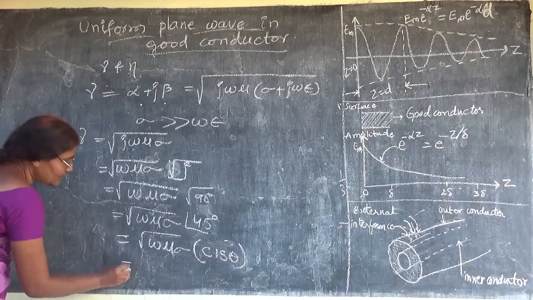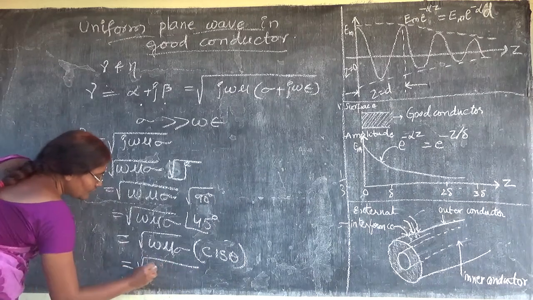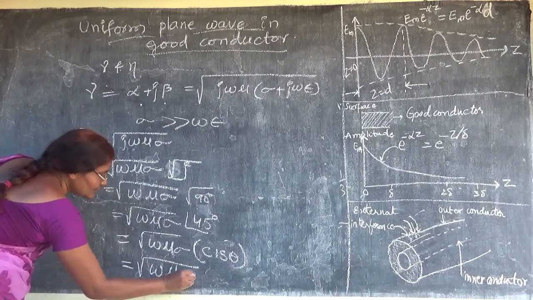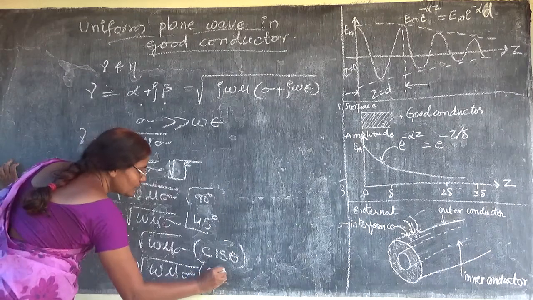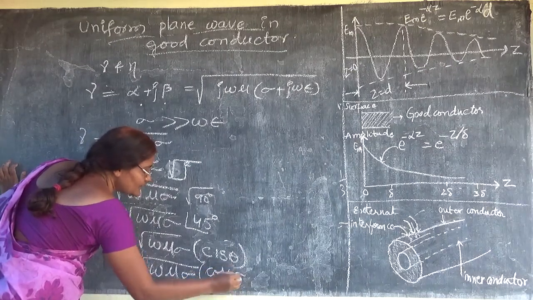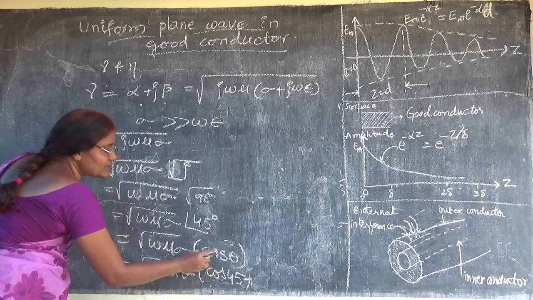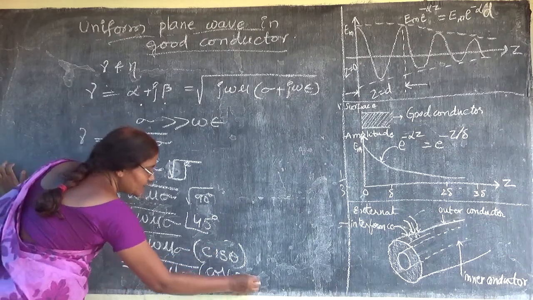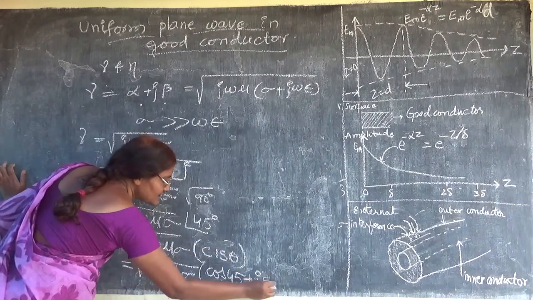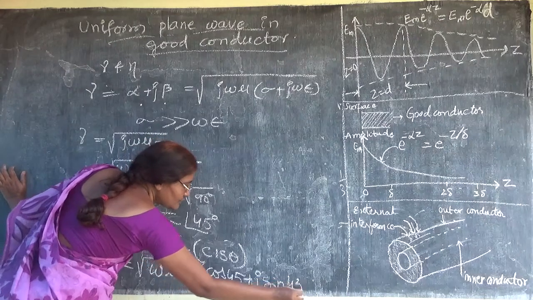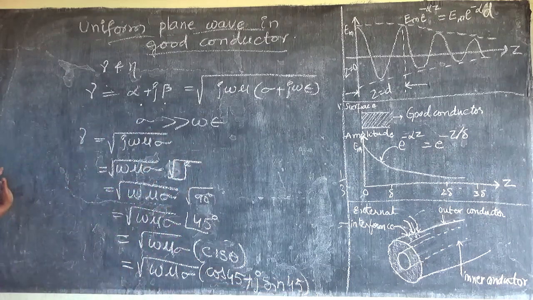So what it will be? Root of omega mu sigma into cos 45 plus j sin 45. So this is the Euler's identity.